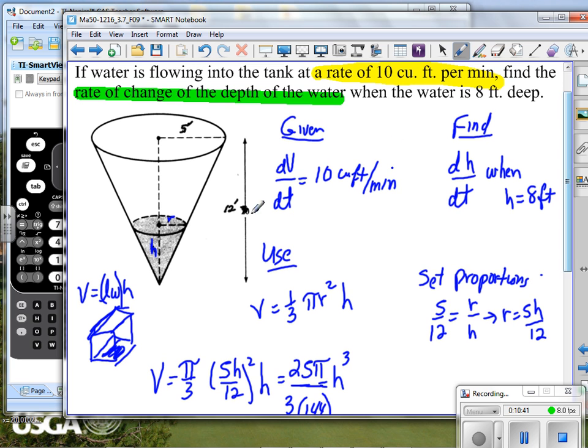When you think about this, as I pour water into this tank, the height's always increasing, but is it increasing at an increasing or decreasing rate? Because as I get up to the top, I've got more area to disperse the water, so it would be increasing at a decreasing rate, which is the opposite of what MacGyver had to deal with.